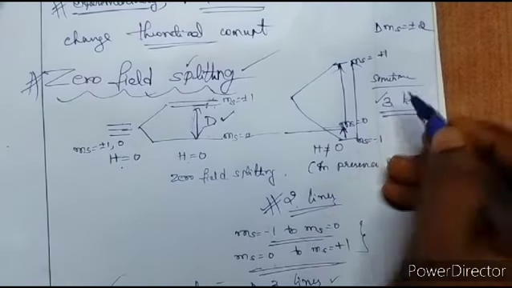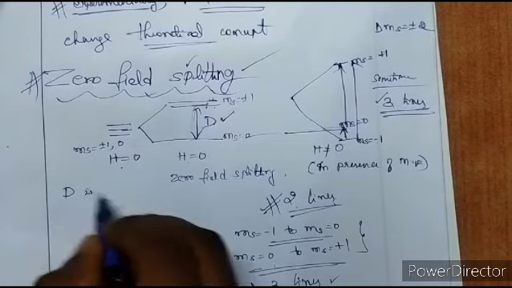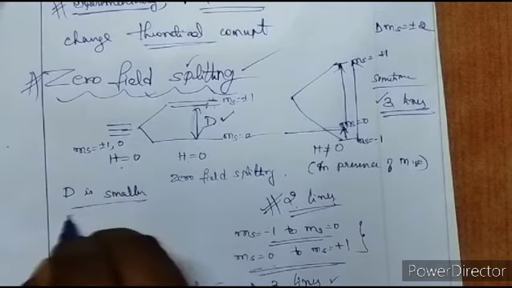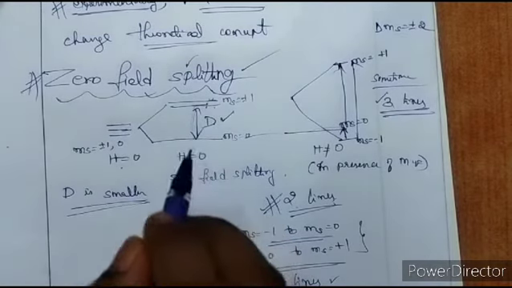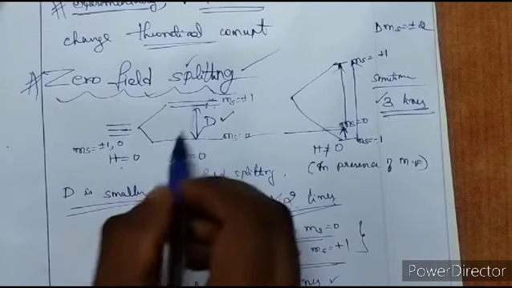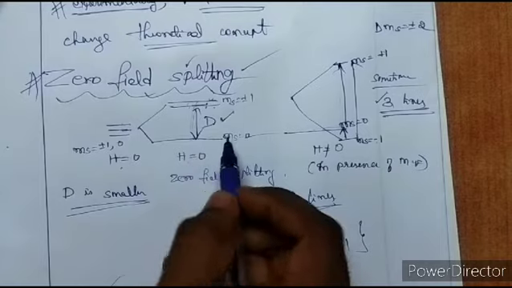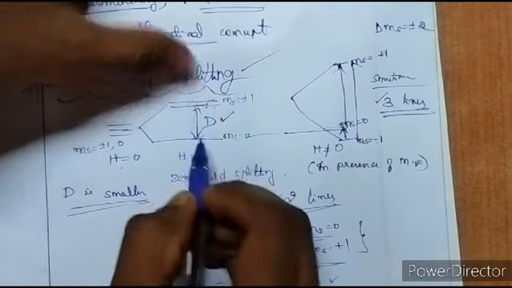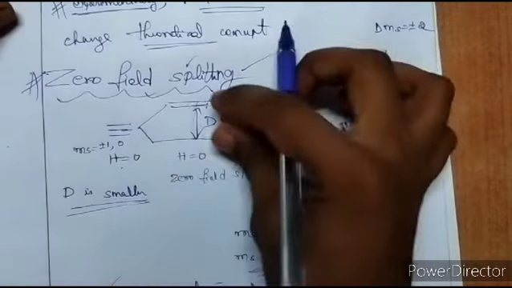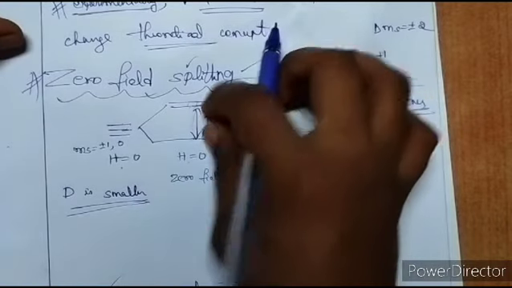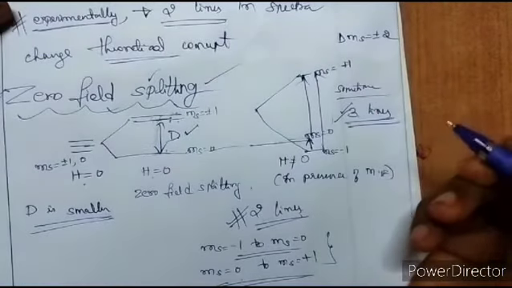Depending upon whether this is smaller or bigger, we can sometimes expect 3 lines. That means if D is smaller, what is D? D is the dipolar shift, that is the difference between this degenerate level and the ms is equal to 0 level. If the gap between them is smaller, then you can expect 3 lines.